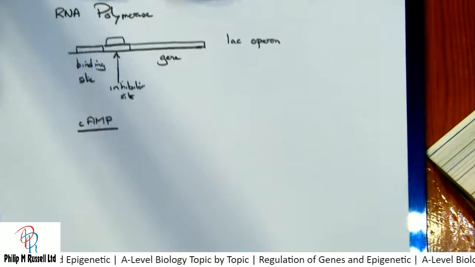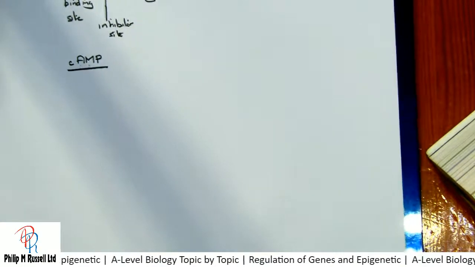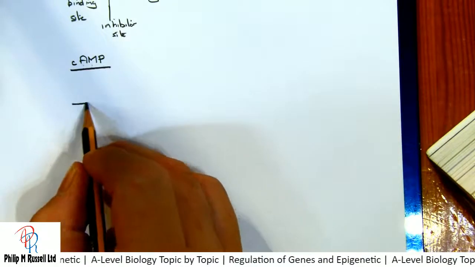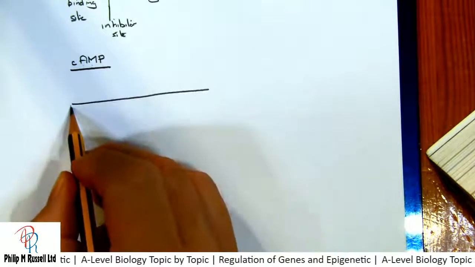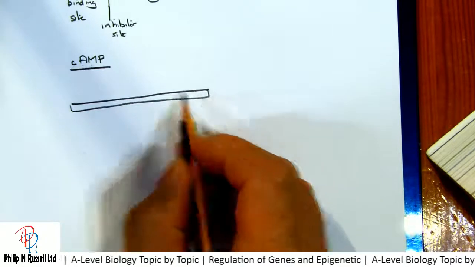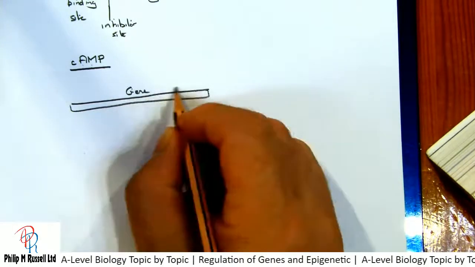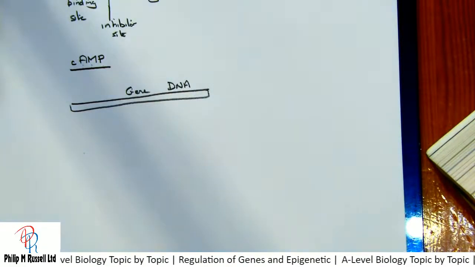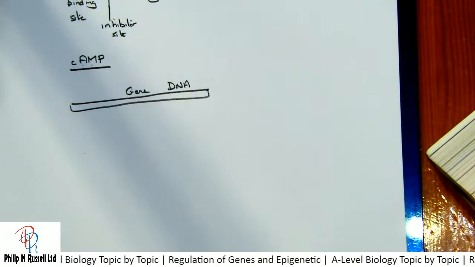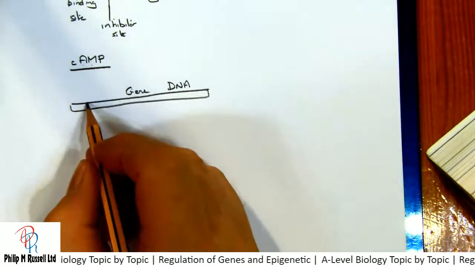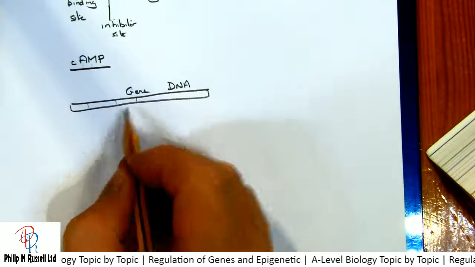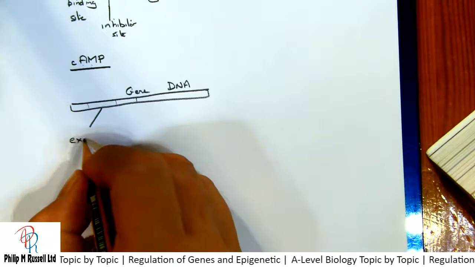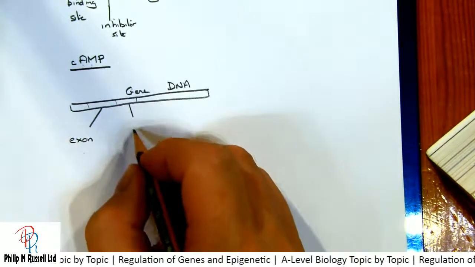Something I hinted about last time was we looked at our piece of DNA. So let's have a look at a gene here, and this is just a piece of DNA, and this DNA can be thought of as having different bits, and we're going to call these different bits an exon and an intron.